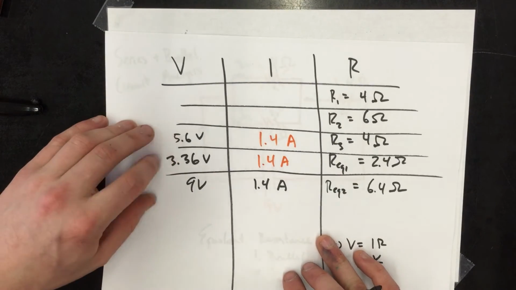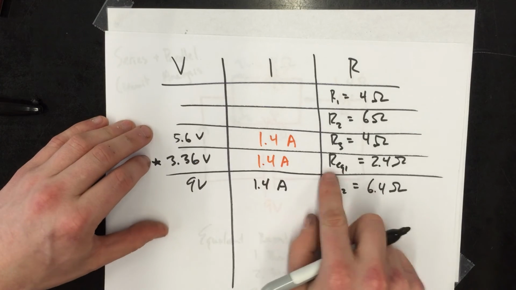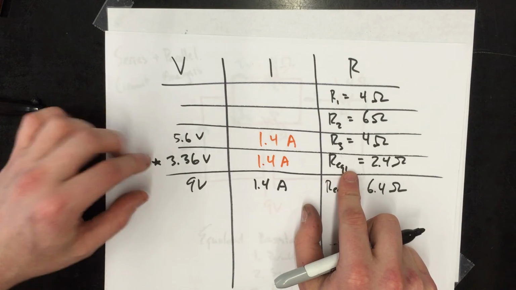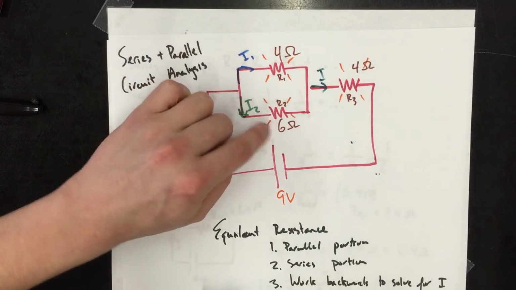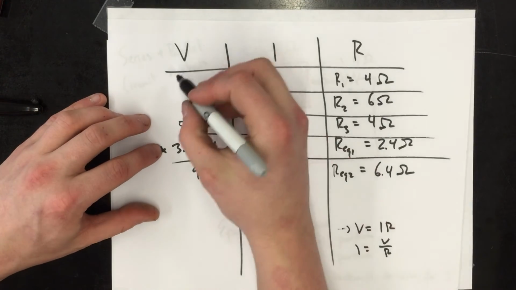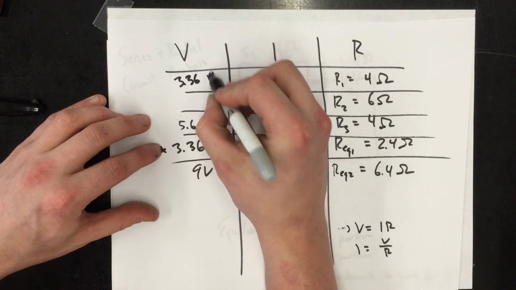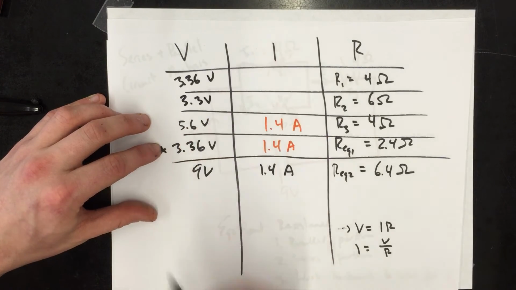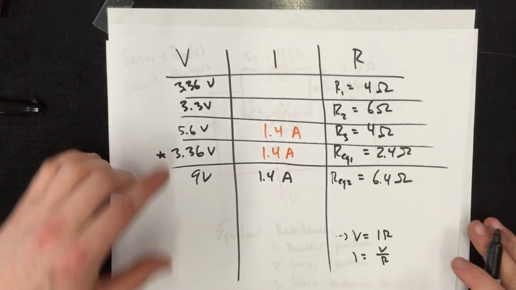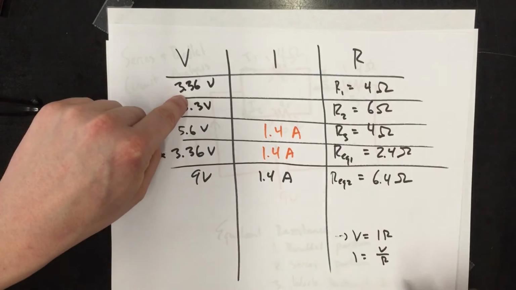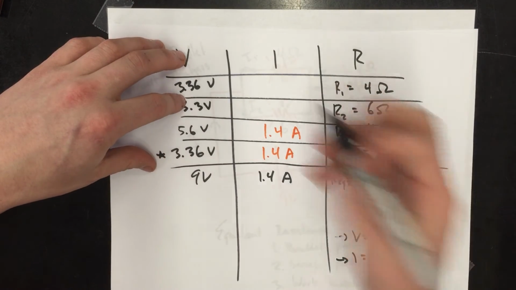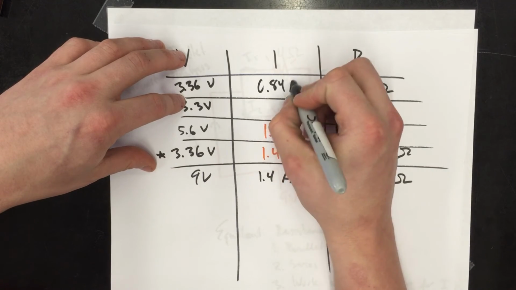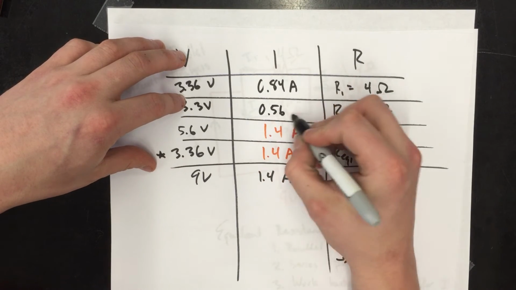So here's my voltage across REQ1, so it must be the same voltage across R1 and R2. So 3.36 volts is acting across R1 and R2. And now I have V and R, I could solve for the current. Plug that into your calculator and you get 0.84 amps and 0.56 amps.